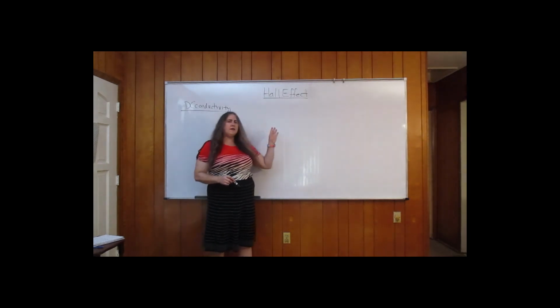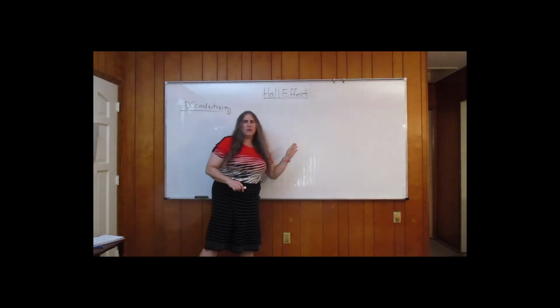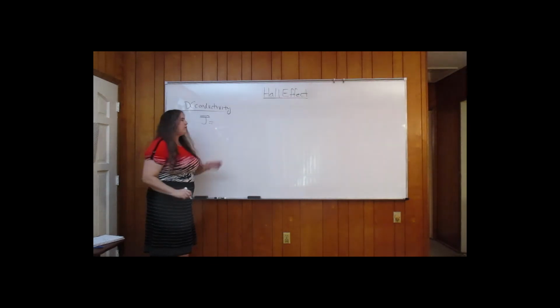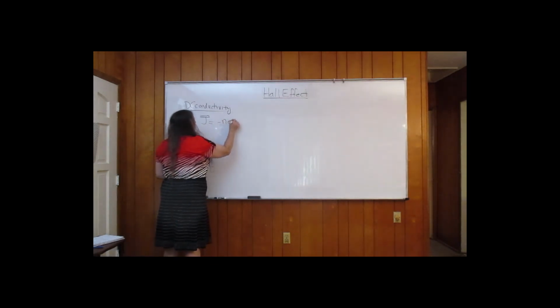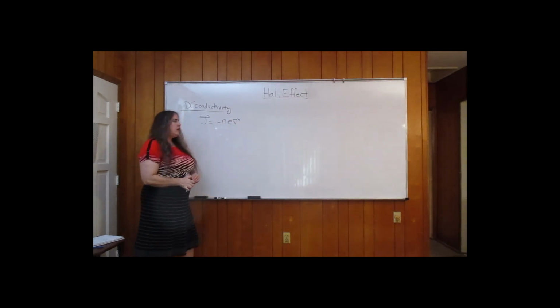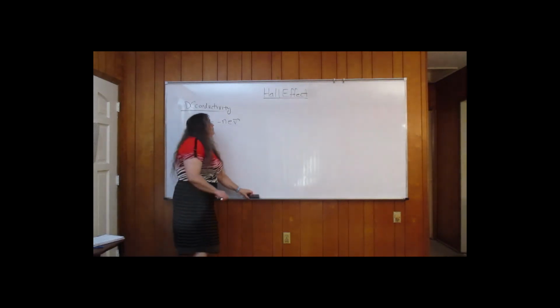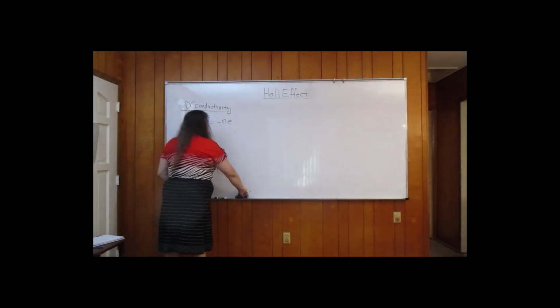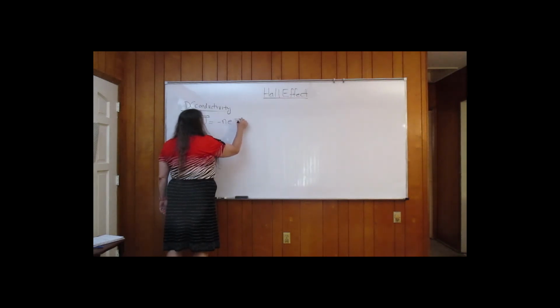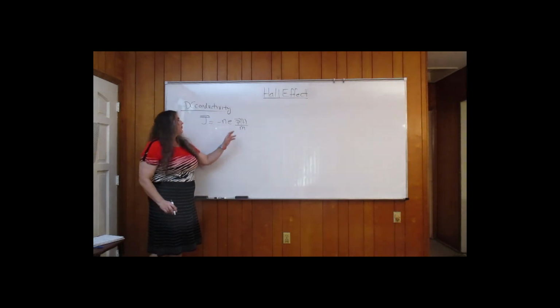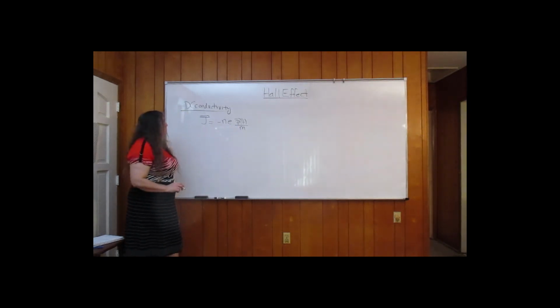Now, in order to write down the equations that describe the Hall effect, I need to write down an expression for the momentum. We'll first begin by recalling that the current density is equal to minus the number of electrons per unit volume times the electron charge times the velocity. I'm going to replace this average velocity by the momentum per electron divided by the mass of the electron.